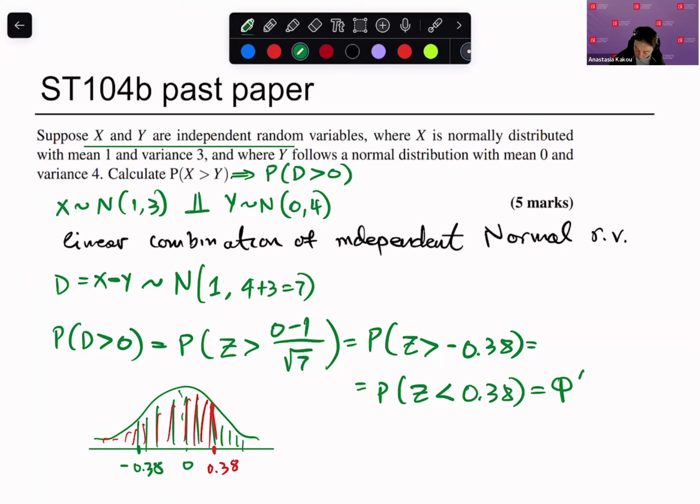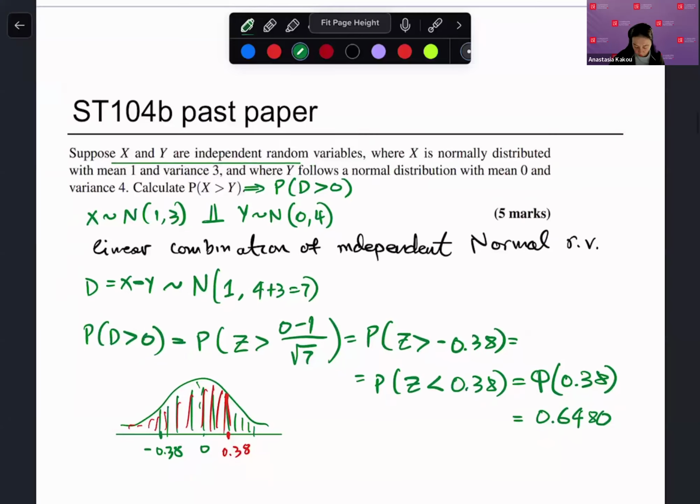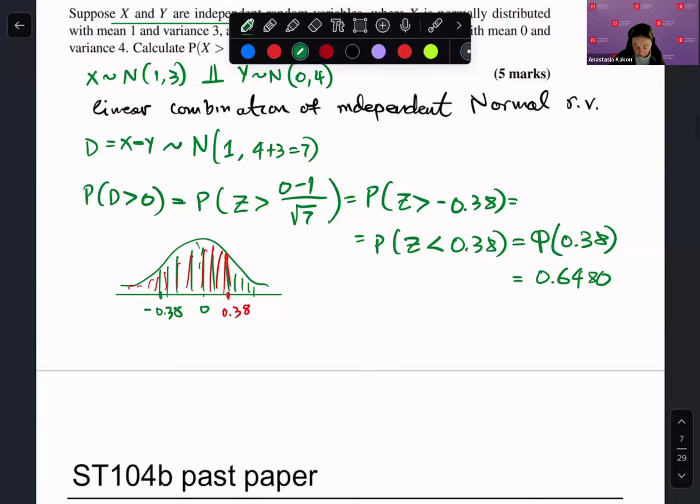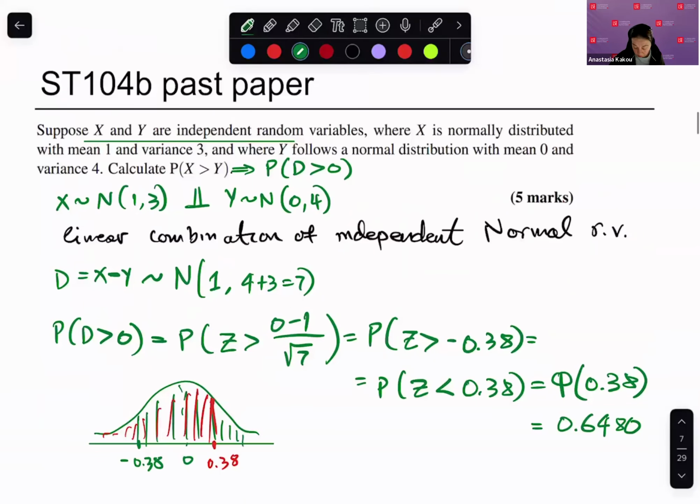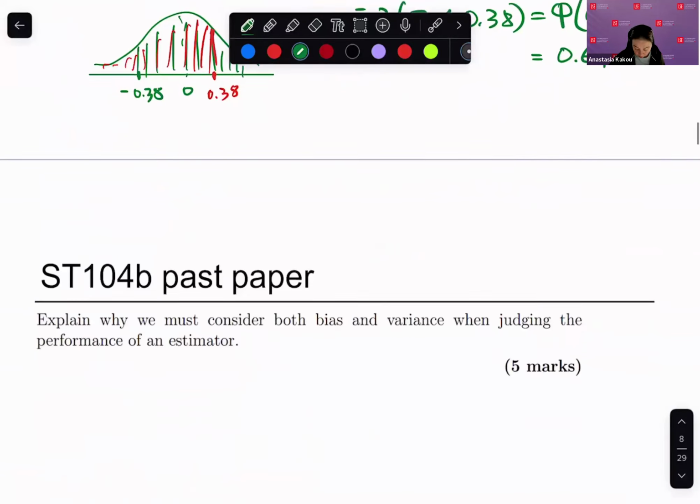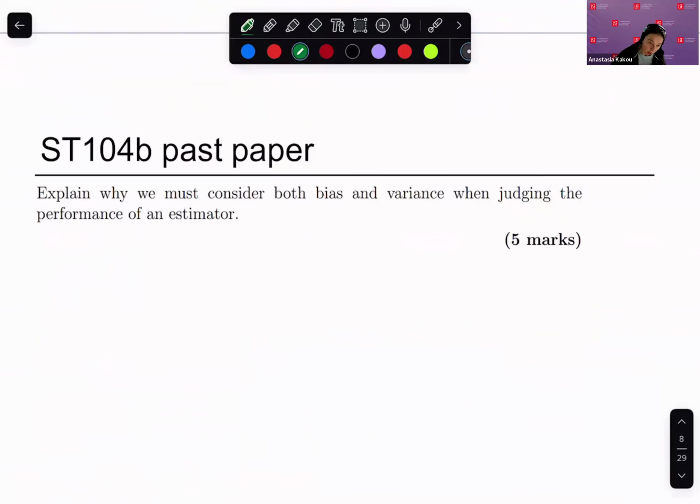This is the cumulative probability at 0.38. And using the tables, you find it being equal to 0.6480. So I think this is quite a straightforward question. You may get a bit more complicated ones, but anyway, that's a normal distribution question.